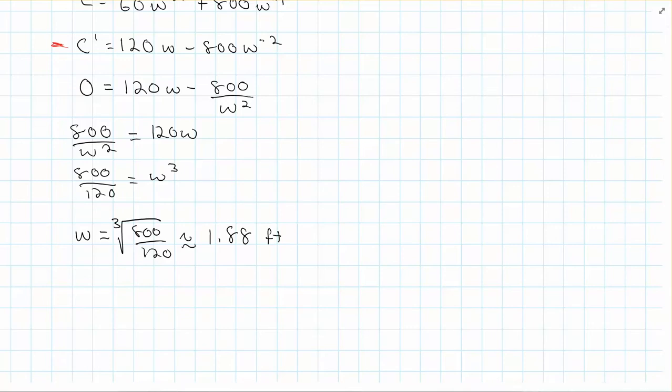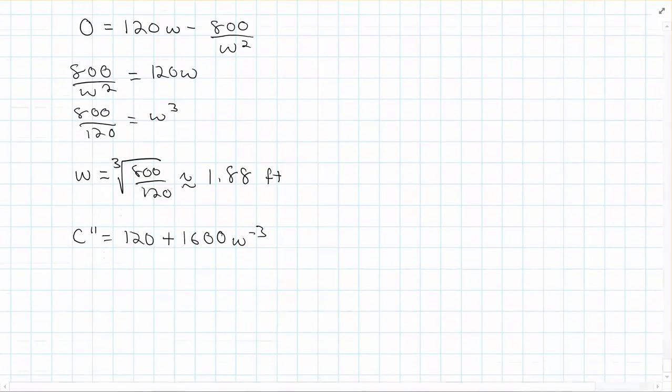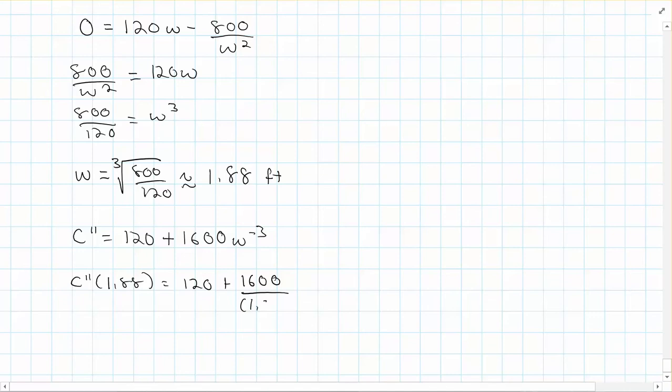So C double prime is equal to 120 plus 1600 W to the minus 3, which I would need to evaluate at 1.88, which would be 120 plus 1600 over 1.88 cubed, which is clearly positive. And if you just write that as clearly positive without writing the number down, that's fine, because all we're interested in is whether it's positive or negative to determine whether it's concave up or down.